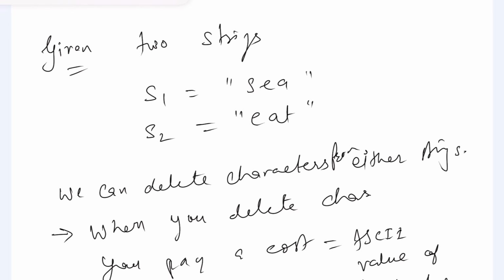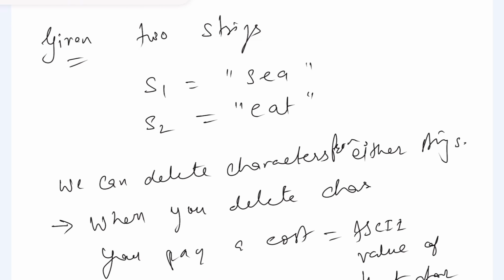We have been given two strings, S1 and S2. Let's suppose I delete the S from here, and you delete the T from here. Then the remaining is EA and EA, so this will become equal. But the ASCII value of S and the ASCII value of T will be added.